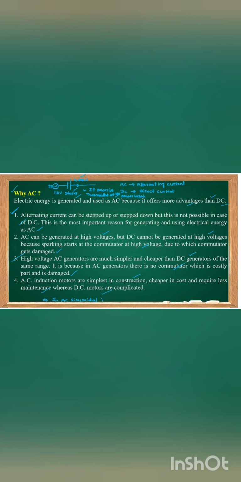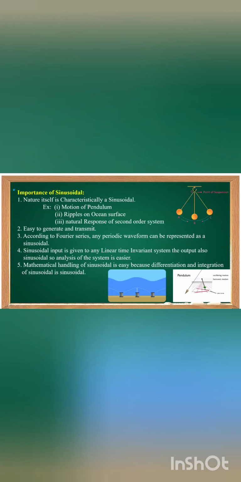We know that an AC supply is a sinusoidal supply. Other than sinusoidal, we can treat it as non-sinusoidal, which consists of harmonics. Generally, when we utilize AC, we want sinusoidal AC. Why is sinusoidal AC preferred?